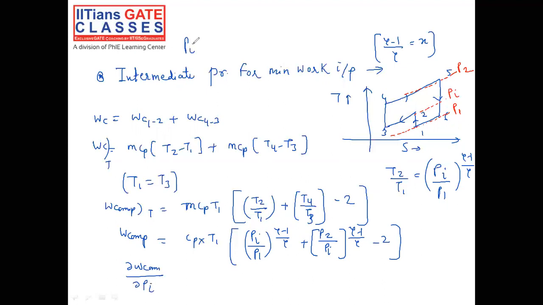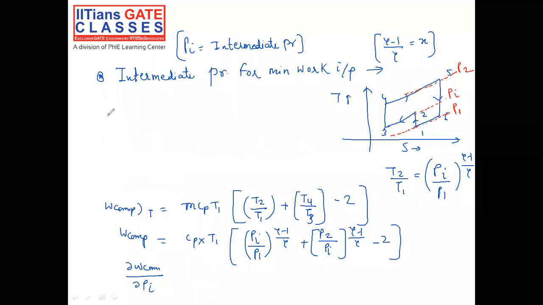Let me write down, Pi is nothing but intermediate pressure. Now let me clear some of the portion. Now we need to differentiate with respect to Pi, that is intermediate pressure.